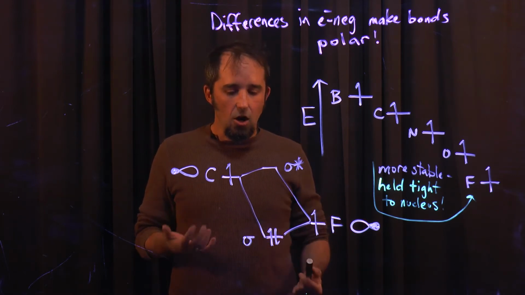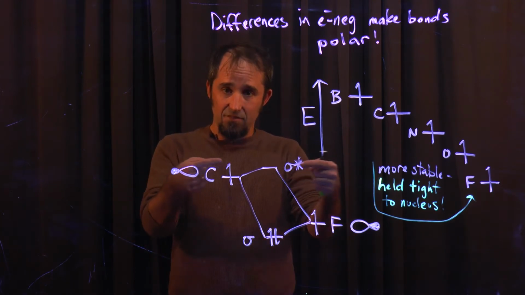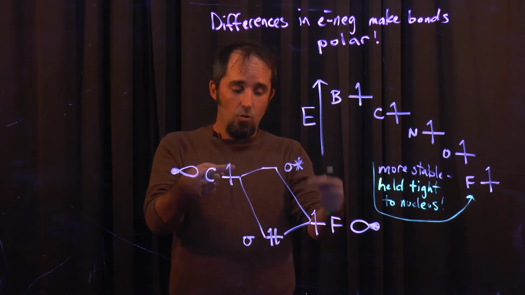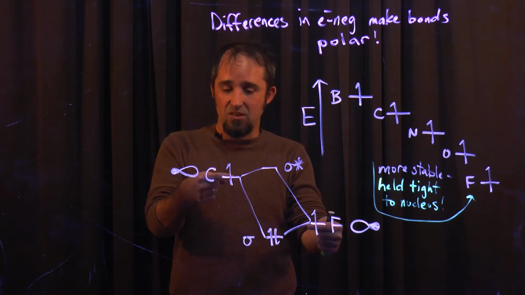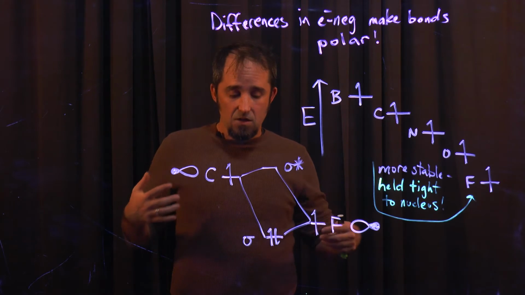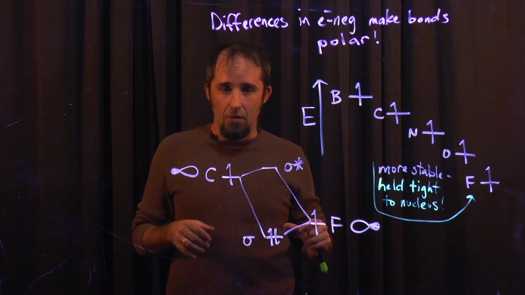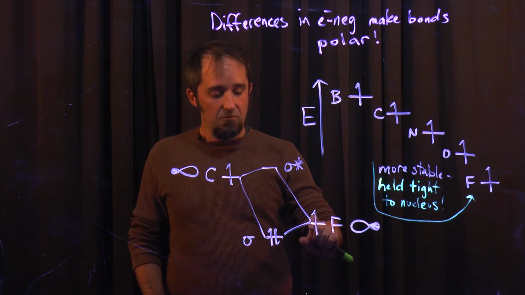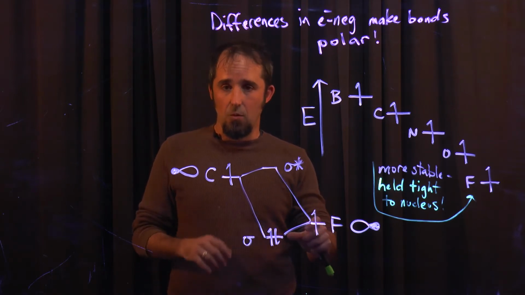Let's think about a carbon-fluorine single bond. So we've seen carbon-carbon bonds where those energies are about the same. What happens when one of those is quite a bit lower in potential energy than the other one? The one thing that happens is that you have less overlap, and so the energy difference here can be pretty small compared to a typical carbon-carbon bond.